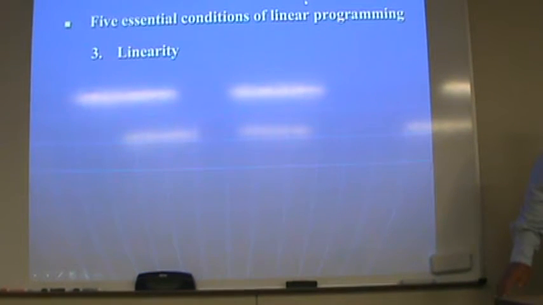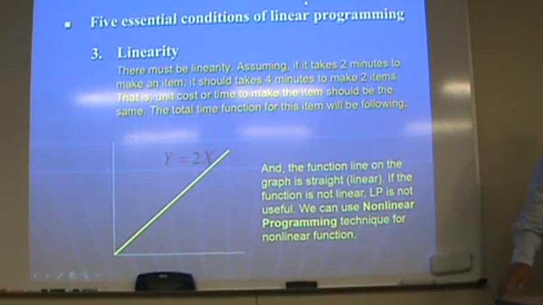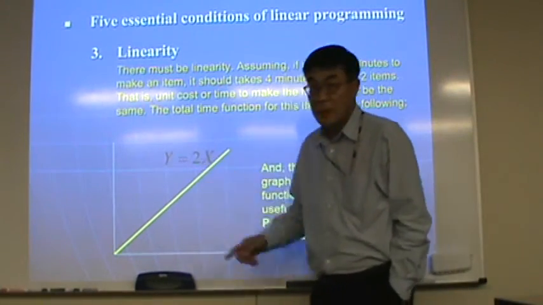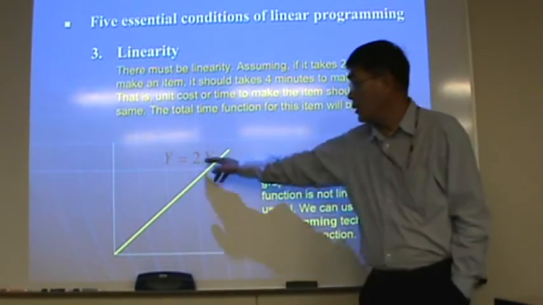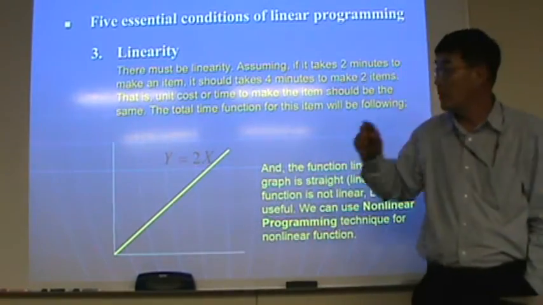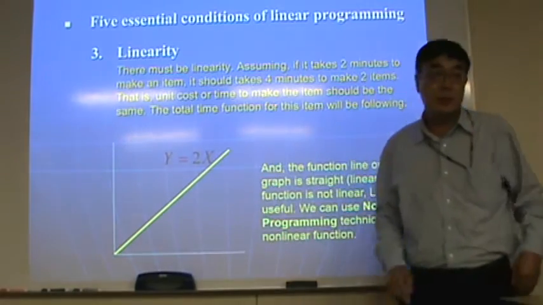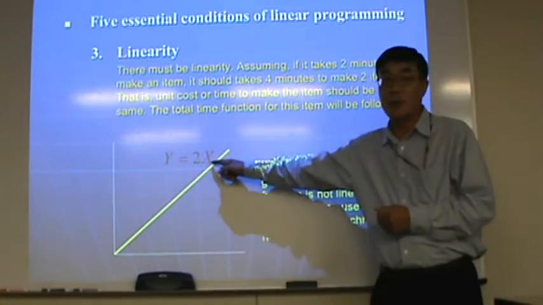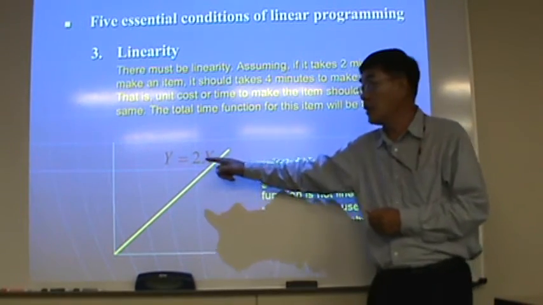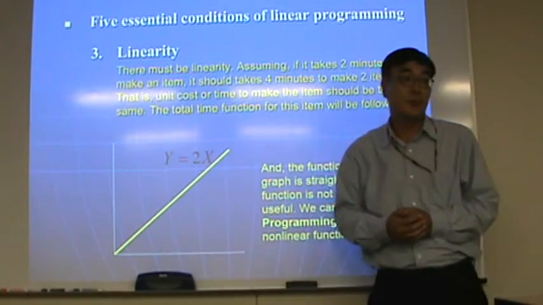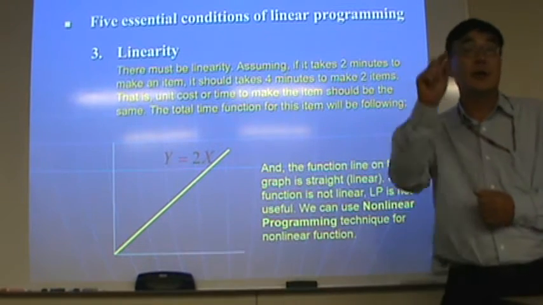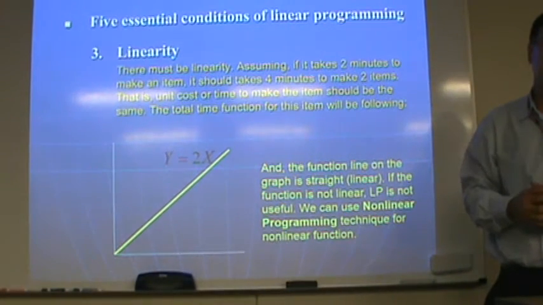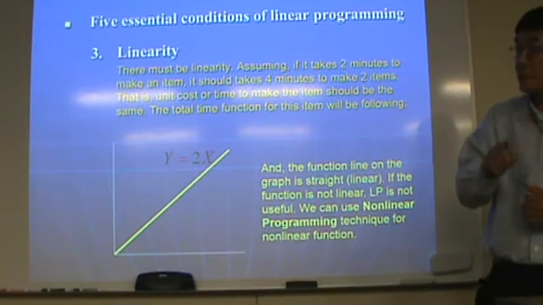And linearity. You know, y equals 2x, or ax, like this. x is the independent variable, y is the dependent variable. If the exponent of the independent variable x is one, it is a straight line.